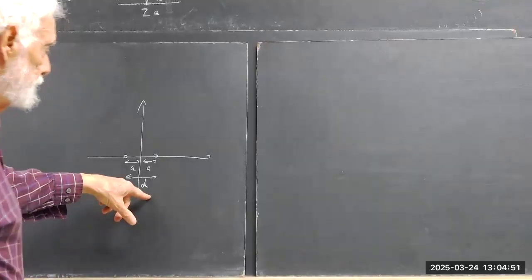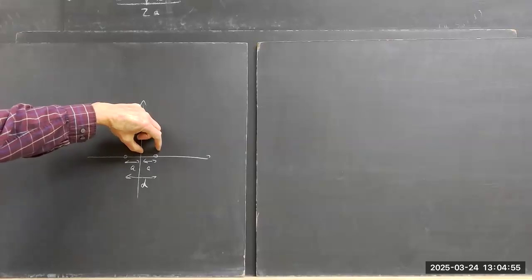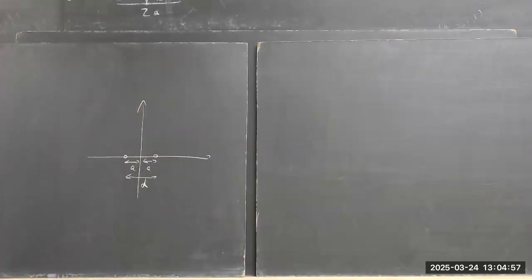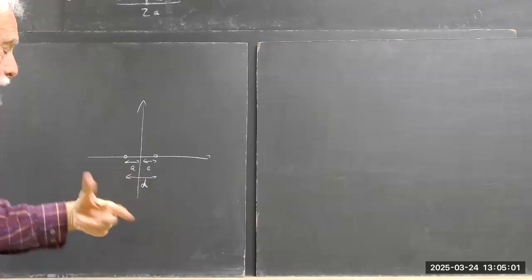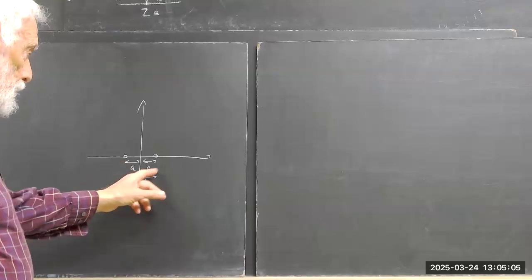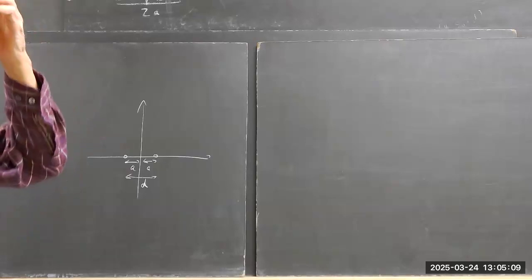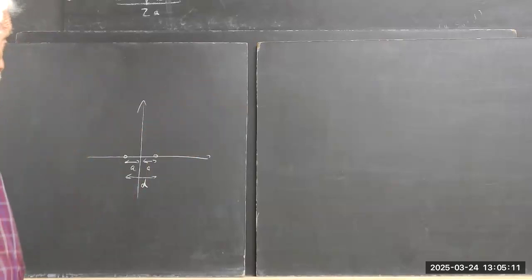Your book does use D, but I'm splitting it into an A and an A. So you probably conclude that D equals 2A, or A equals D over 2. I prefer to work in terms of A, so I don't have to have the fraction, and you probably prefer that too.